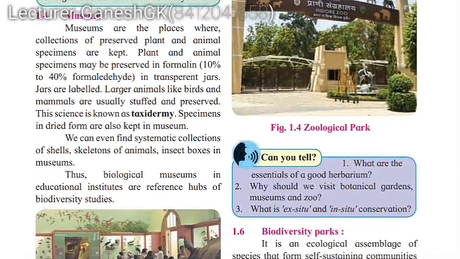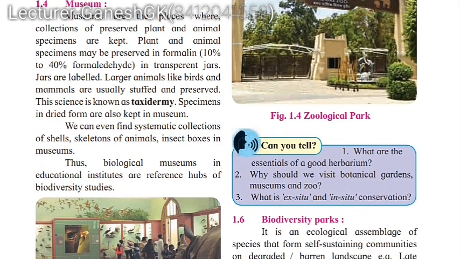So now we come to the point of museum. Museums are the places where a collection of preserved plant and animal species is kept. There are no living organisms there, only preserved plant and animal species, that may be the skeleton or dead animals preserved under very protective conditions.